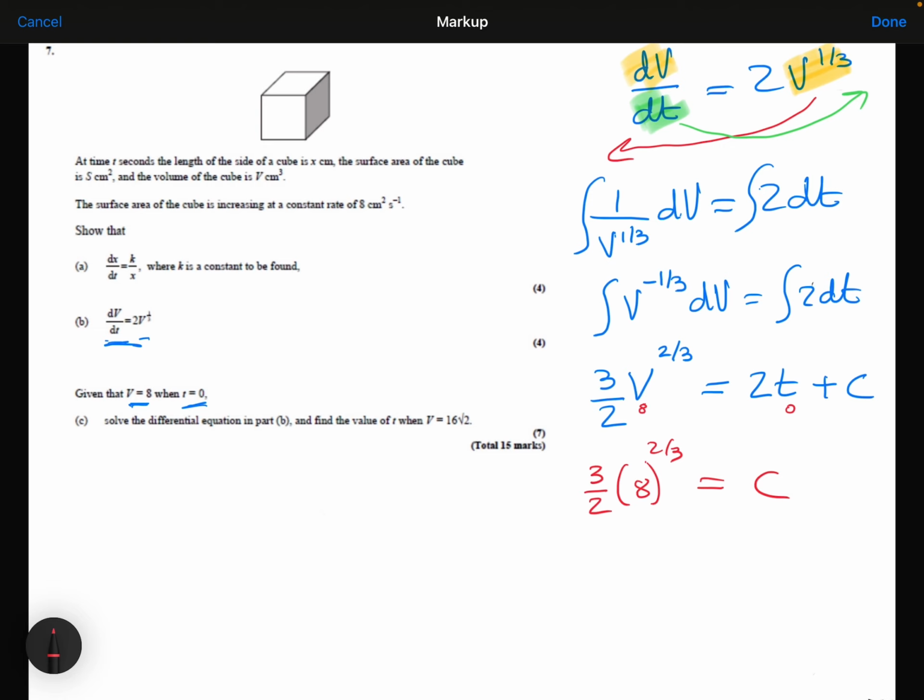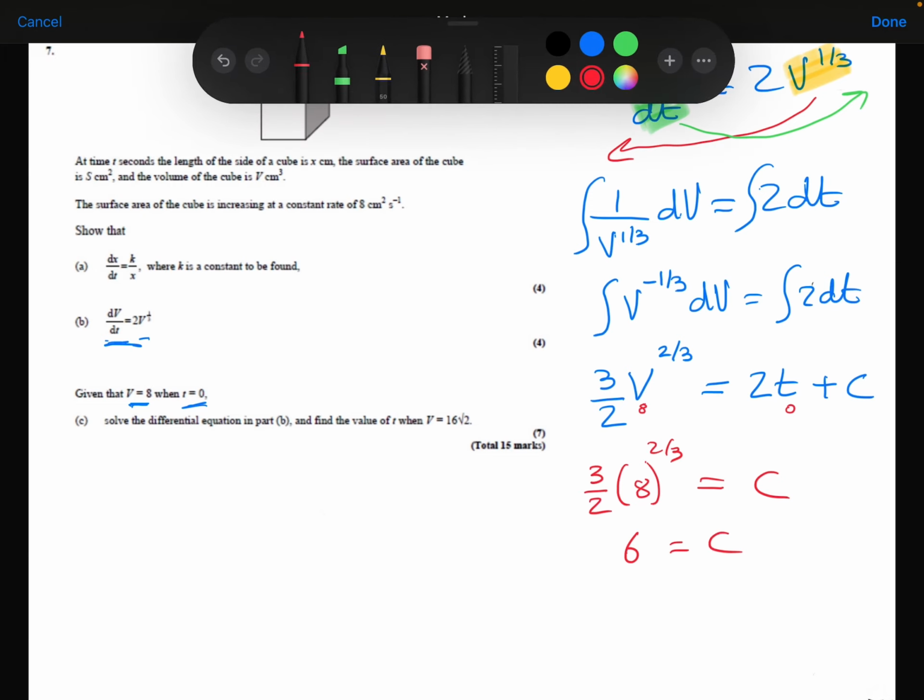So 8 to the power 2/3 is 4 times the 3 over 2 is 6. So c is 6. So let's update our equation then. We've got 3 over 2 v to the power 2/3 equals 2t plus 6.